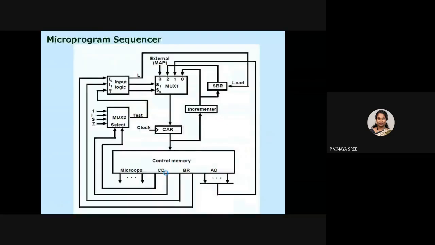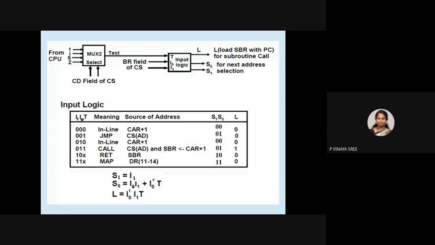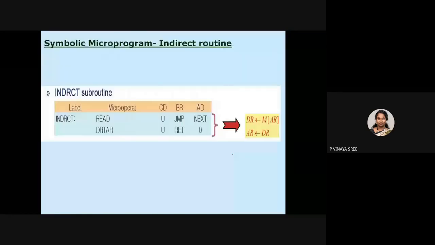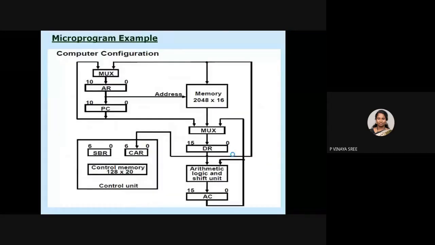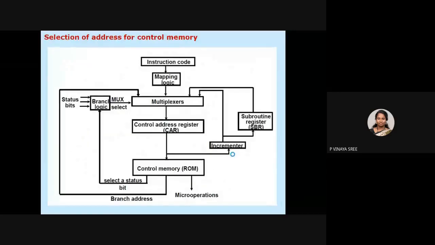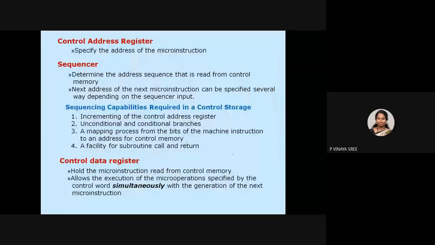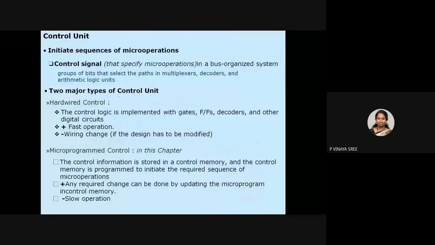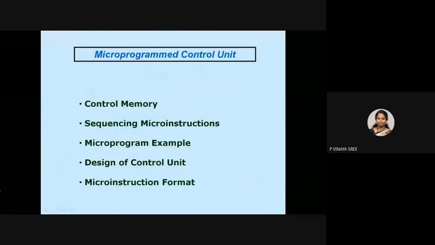But how does it execute? Try to concentrate more on this concept. See here. Till now I have discussed the control unit. In our syllabus we have the microprogrammed control unit.